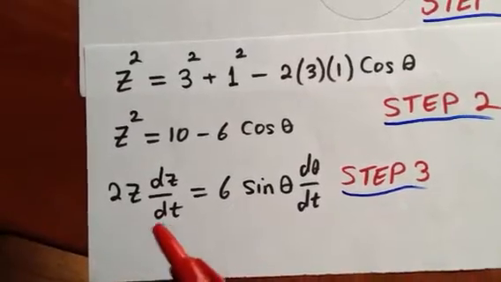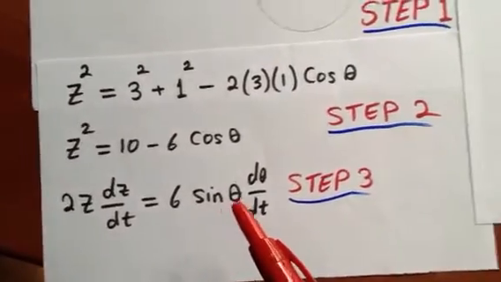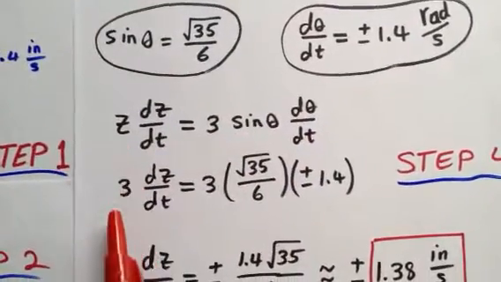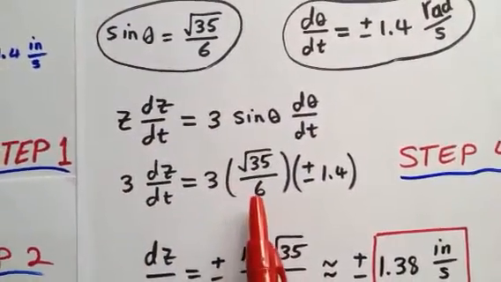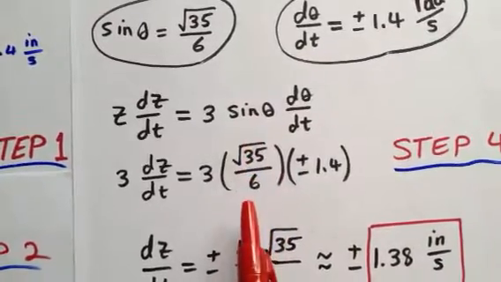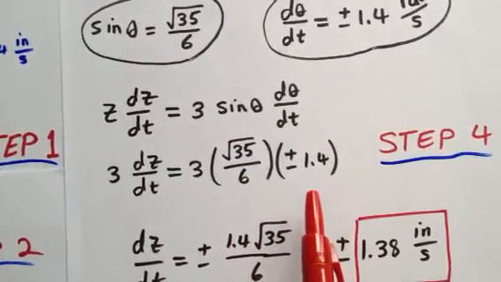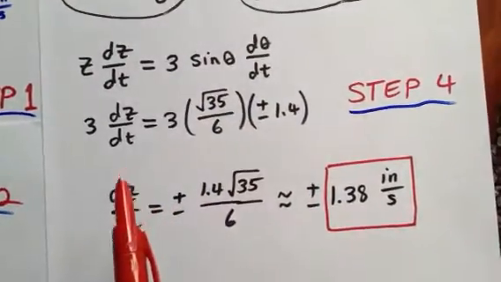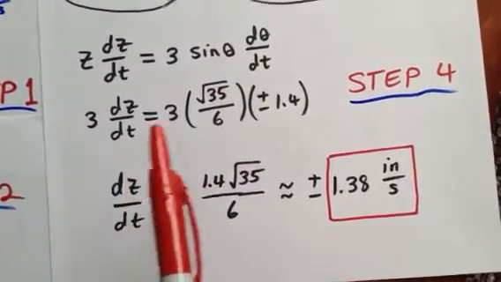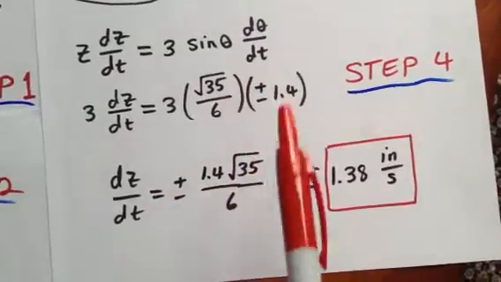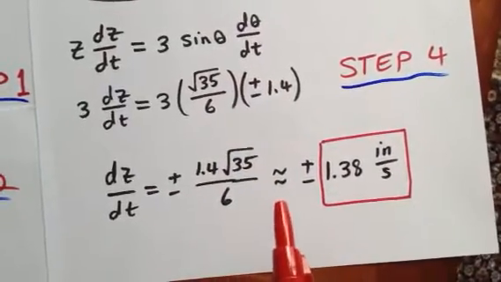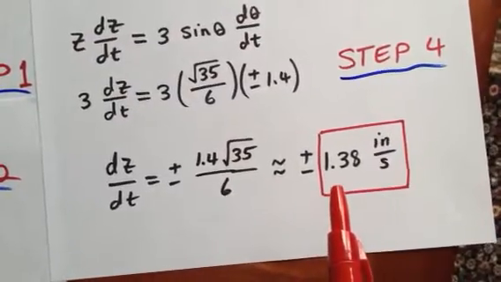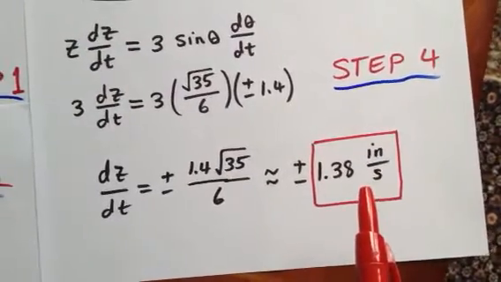But first we divide both sides by 2 to simplify it. We get this. Now we plug in the z, sine theta, and then dθ/dt. Divide both sides by 3, simplify, and approximately the value of dz/dt is plus or minus 1.38 inches per second.